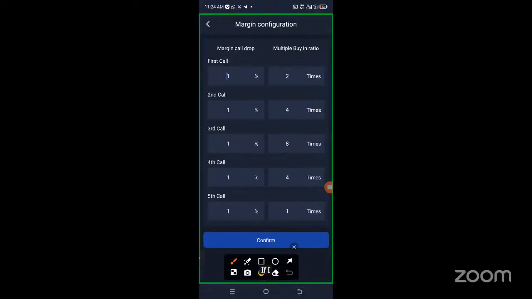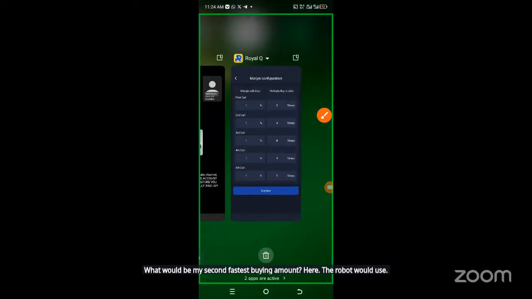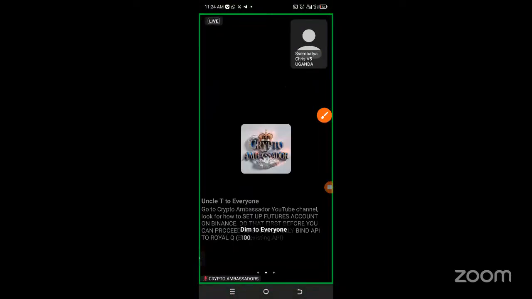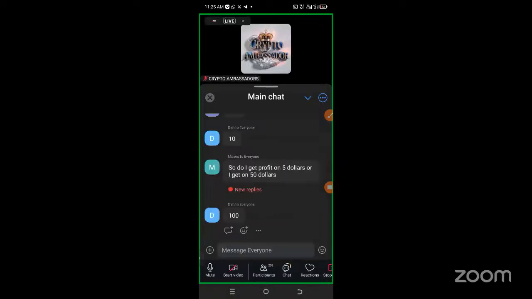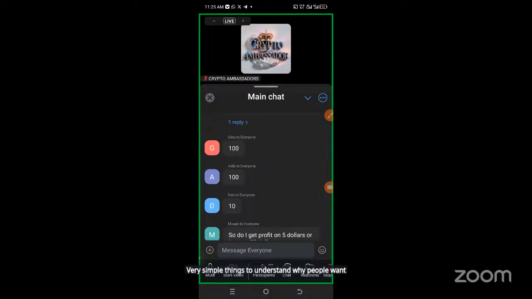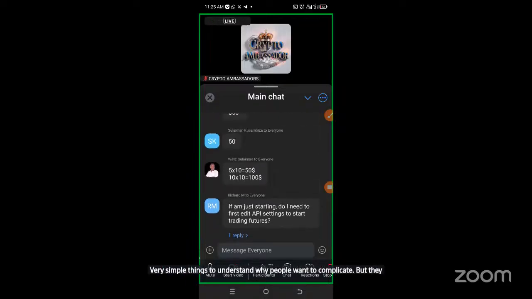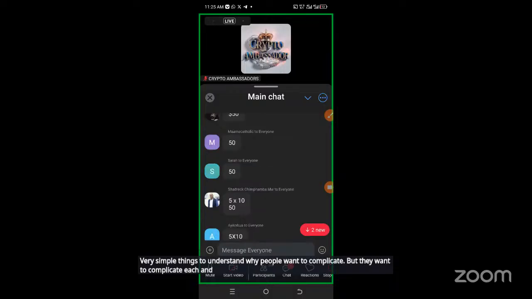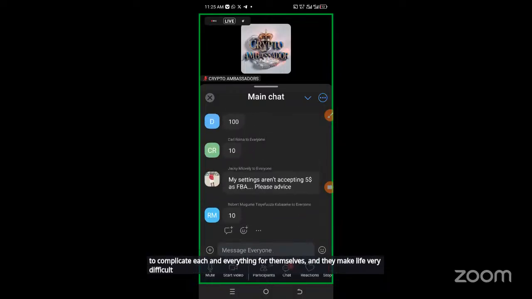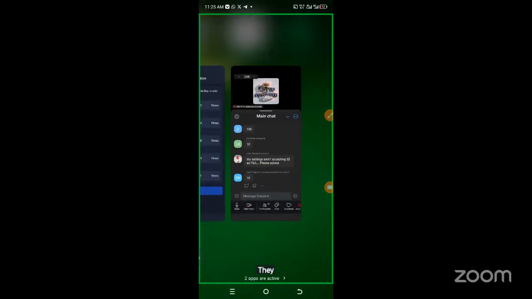If I have a 2 here, and my initial first buying amount was 5, what will be my second first buying amount the robot will use? Very simple things to understand, but people want to complicate each and everything for themselves, and they make life very difficult for them.